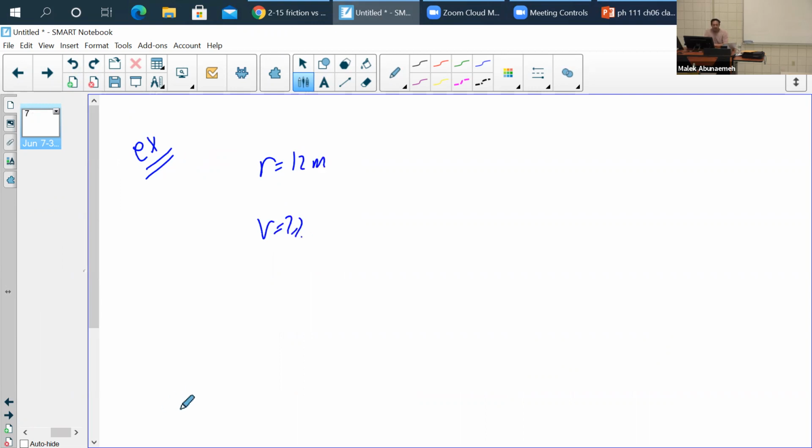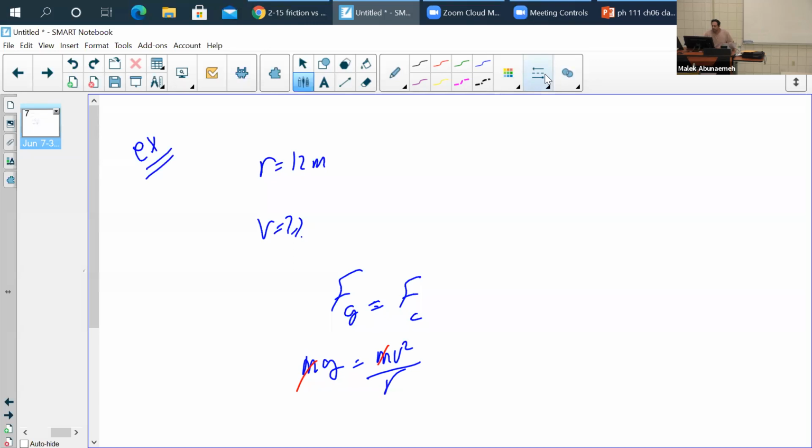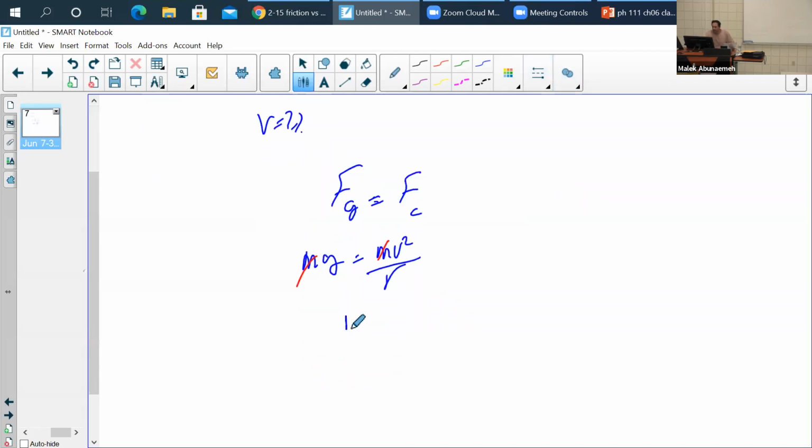Now, your gravitational force has to equal your centripetal force. Your gravitational force is mass times gravity, which equals mv squared over r. So your masses cancel out. That means v squared over r is going to equal g.